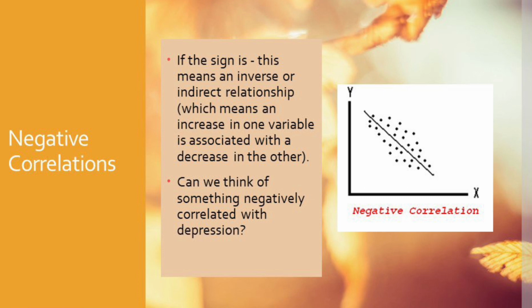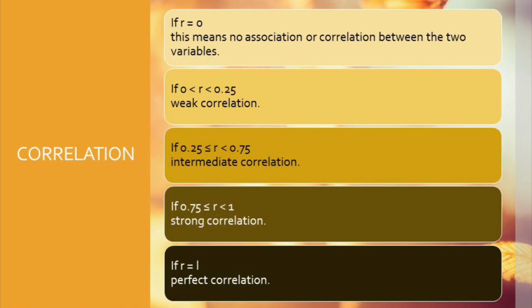Now, we can get even more specific about the correlation in terms of how strong or weak that correlation is. So the specific numerical measure of the correlation itself helps us to determine how strong or weak it is. If R equals 0, then there is no association or correlation between the two variables. Whereas if we're looking at R being less than 0.25, then it's considered a weak correlation.